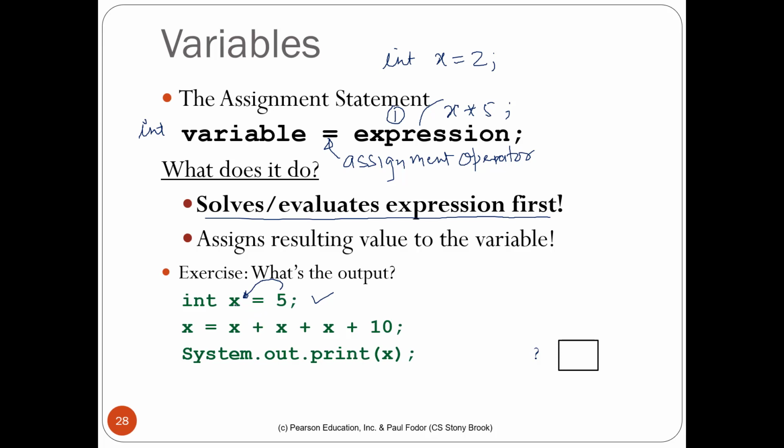Here we know that x is 5, so we'll have to compute the right hand side, which will be evaluated as 5 plus 5 plus 5, which is 15, plus 10, which is 25. So when you're printing x, you should get 25. So the point is, first you evaluate the right hand side, and then you do the assignment.